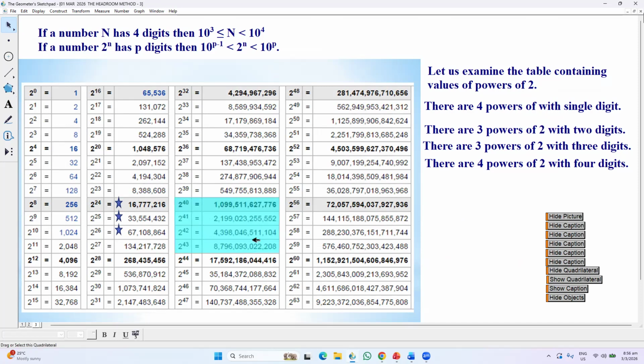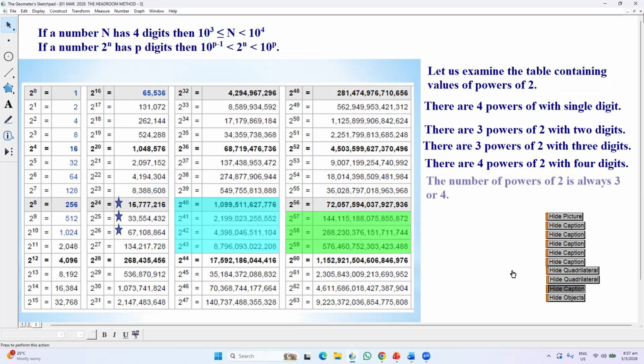In this rectangle, we have 4 powers of 2, and all of these have 13 digits. If we go further down the table, 2^57, 58, 59 have 18 digits.